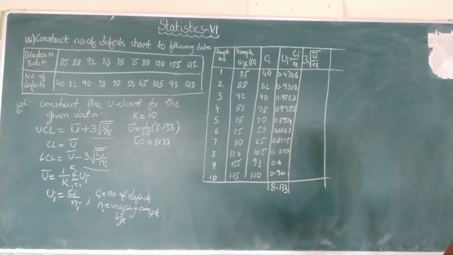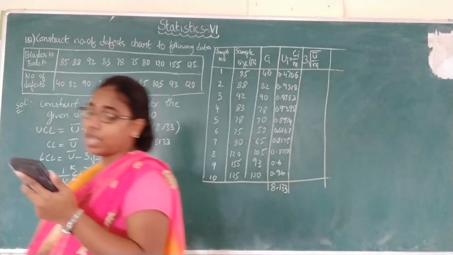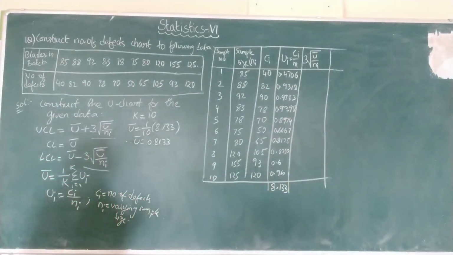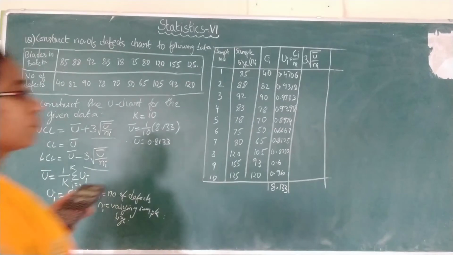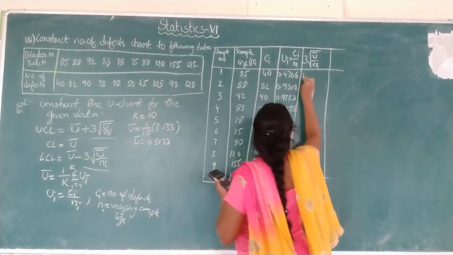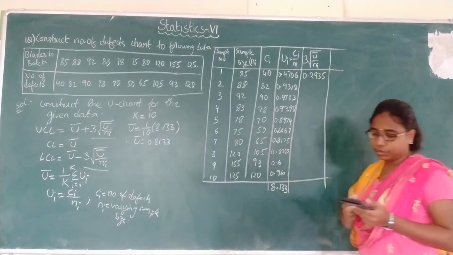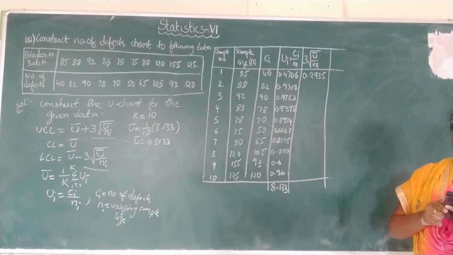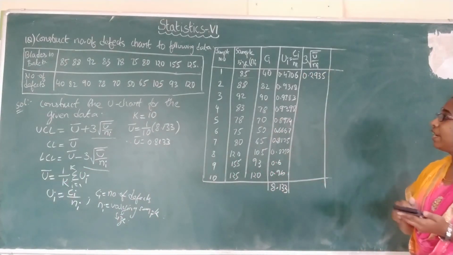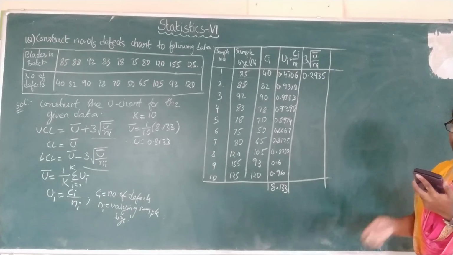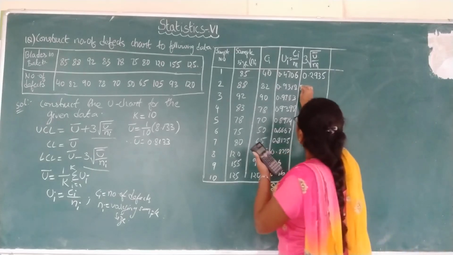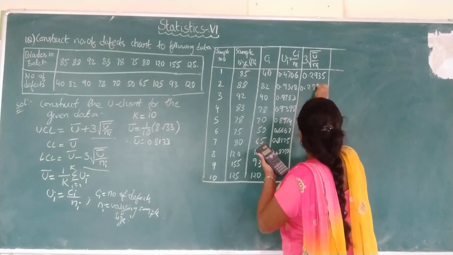Close the brackets and you will get the first value as 0.2935. Now next, just change the sample size. Instead of 85, write down 88. The next value is 0.2884.